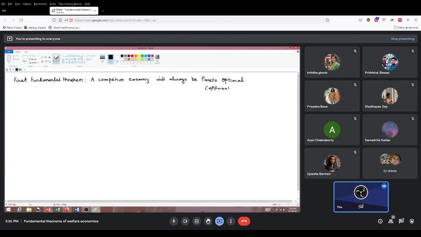And remember that we had defined efficiency in terms of Pareto optimality. Okay. Now, how do we prove this? The proof is fairly straightforward.